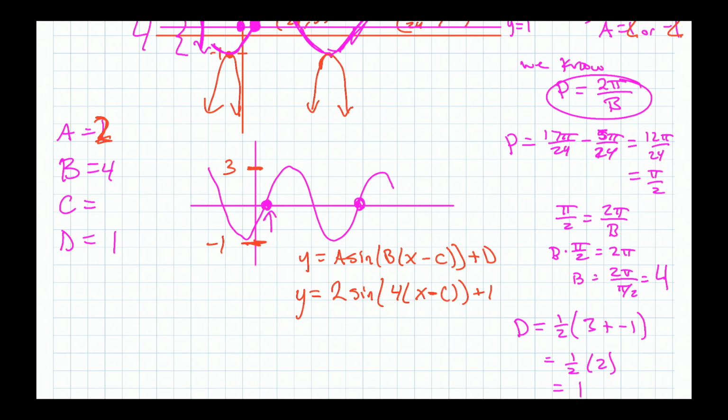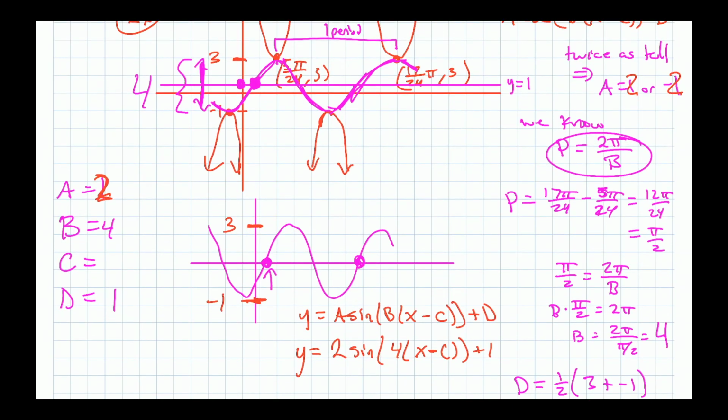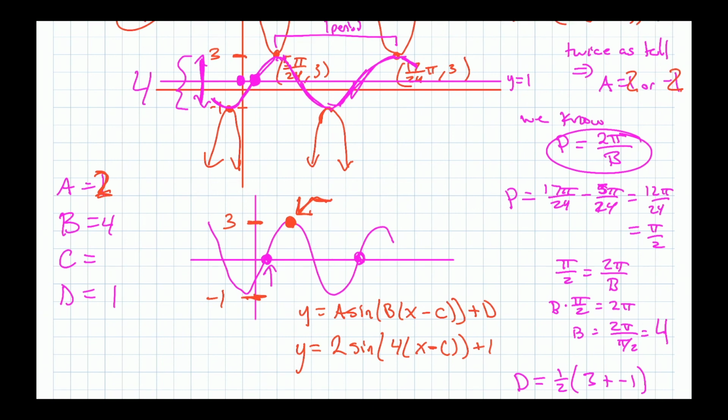And so the kind of not bad way to do it, but the only way I can think of right now, is to say, where is this peak? Okay, there's a peak right there, right? And the peak is at 5 pi over 24.